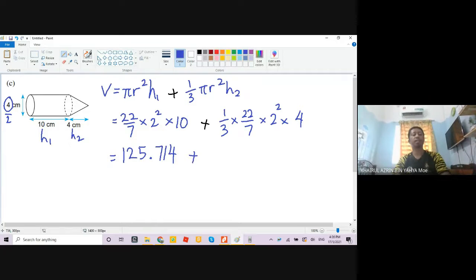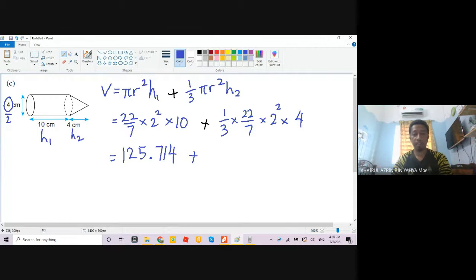I want the final answer to be in 3 decimal places, but 125.714 is not the final answer. We are still in the process. So all the numbers in between, before the final answer, I write more than 2 decimal places. In this case, I take up to 3 decimal places.